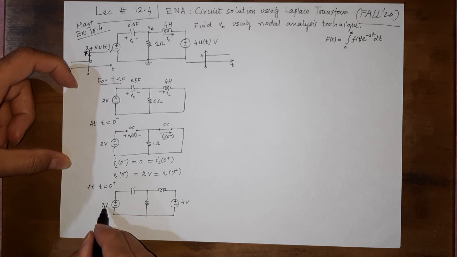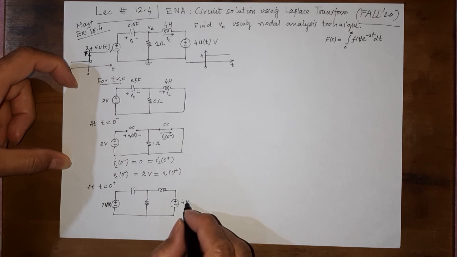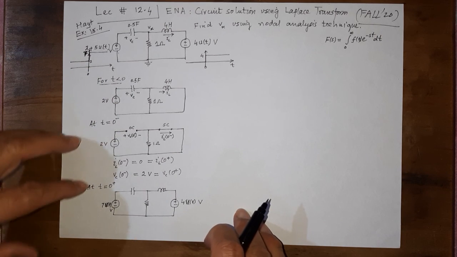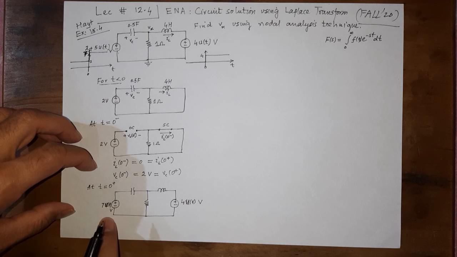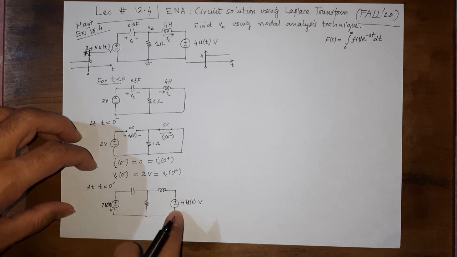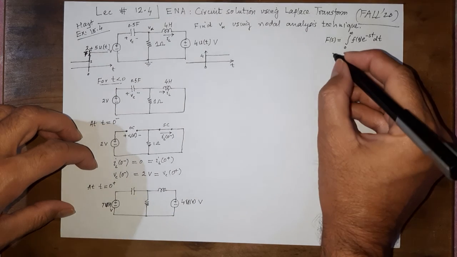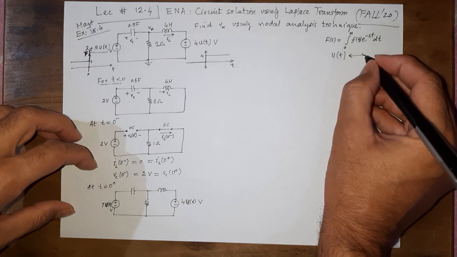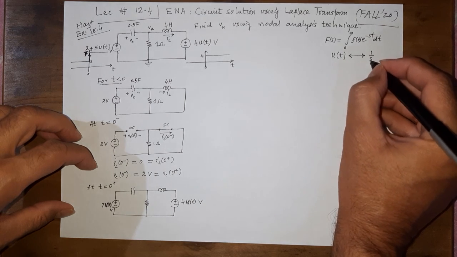So we can now say it is 7 u(t) and 4 u(t), just to remind us what transform pair is to be looked at in the Laplace transform tables. We must know that the Laplace transform of u(t) is 1 over s.